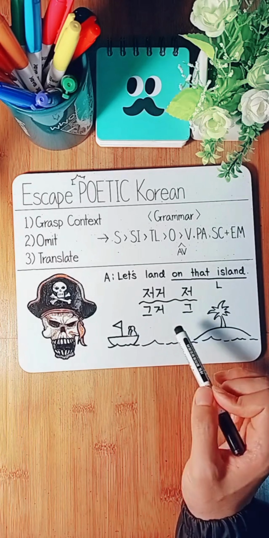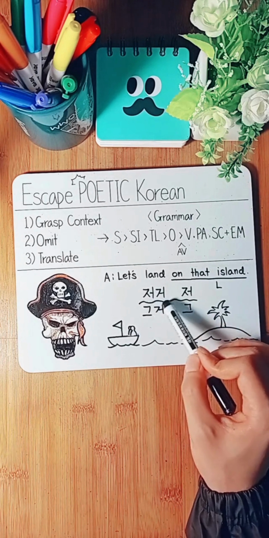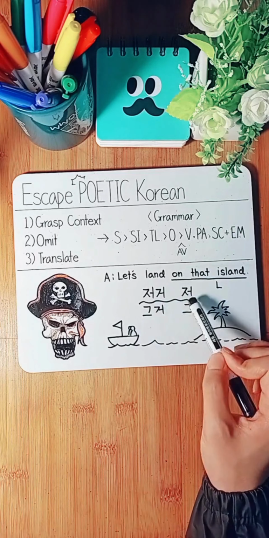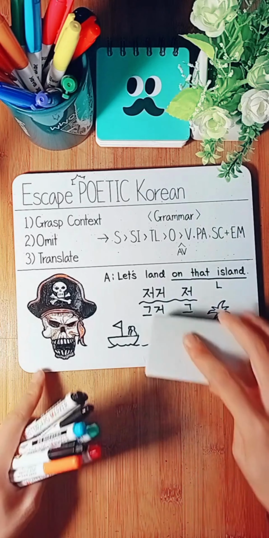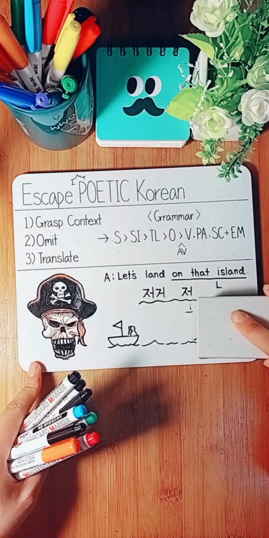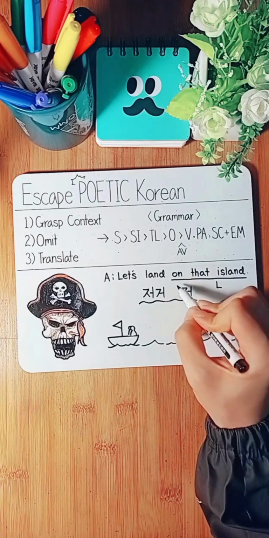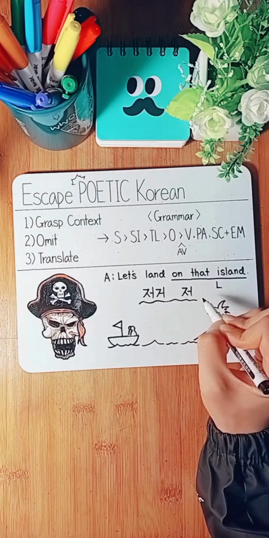It's roughly located equally away. So we're going to use one of 저거 or 저, because that's when you use a version of that starts with J. Okay, so first let's eliminate 그거 and 그. And then, now, this time we have to choose whether we will use 저거 or 저.